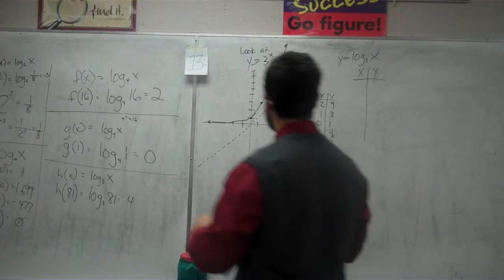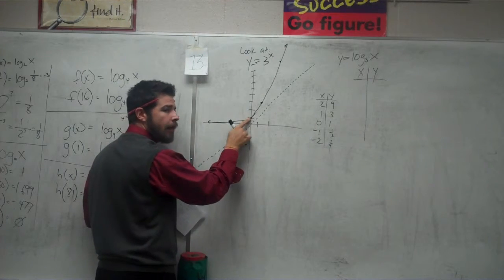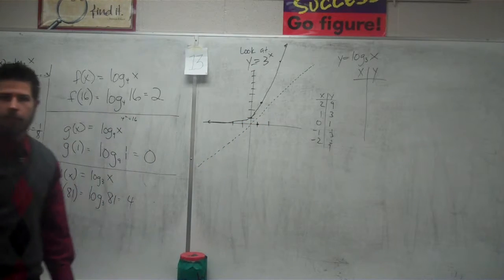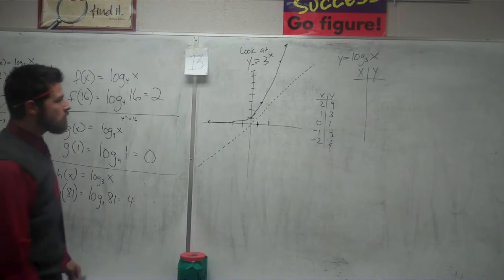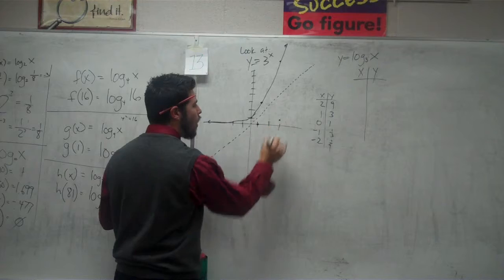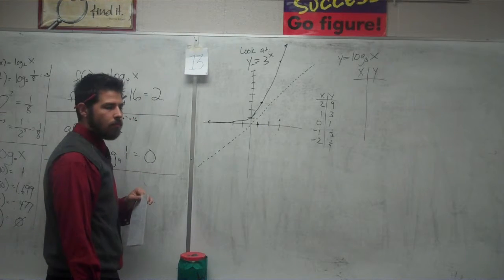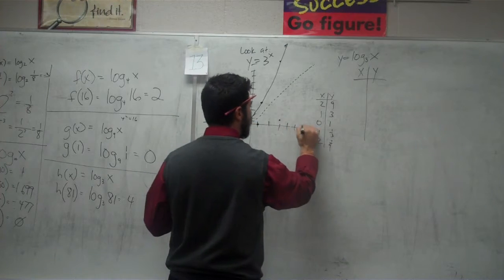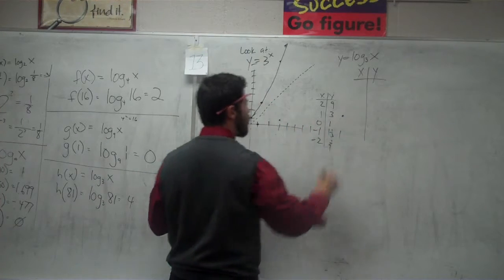So what I'm going to do here is say this. 0, 1, which is this point, becomes 1, 0, which is that point. 1, 3, which is here, becomes 3, 1, which is there. 2, 9 is way up here, becomes 9, 2, which is there.